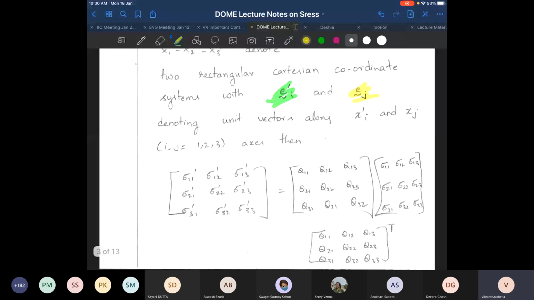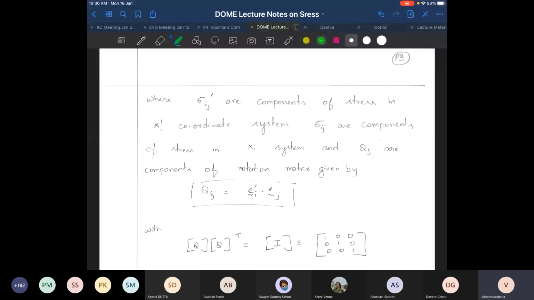In matrix form, you get sigma dash matrix is equal to Q sigma Q transpose, where Q is a rotation matrix, and components of Q are defined through this particular relation: Qij will be equal to e dash i dotted with ej.